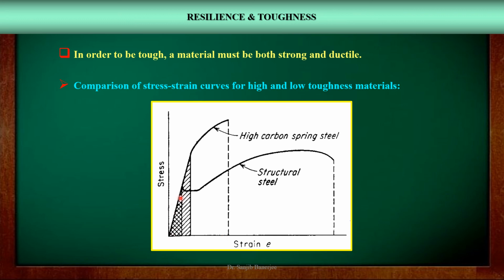The second stress-strain curve belongs to the structural steel or the mild steel. Here, the strength level is comparatively lower compared to the first one, while the ductility or the fracture strain is much higher compared to the first one.